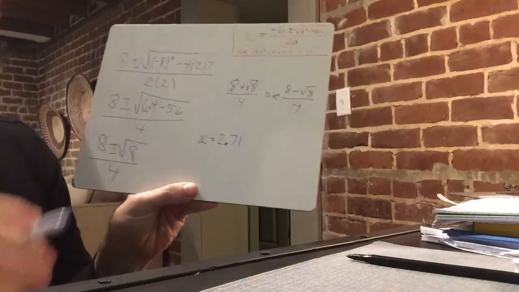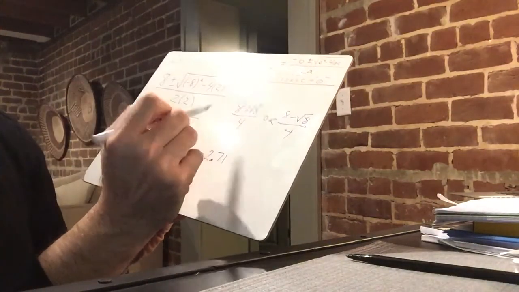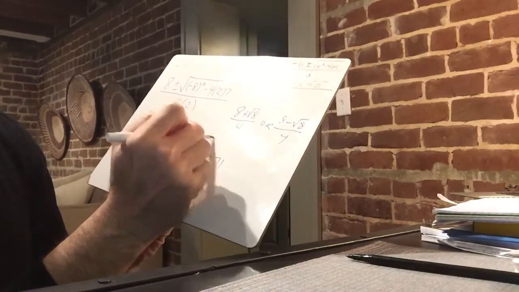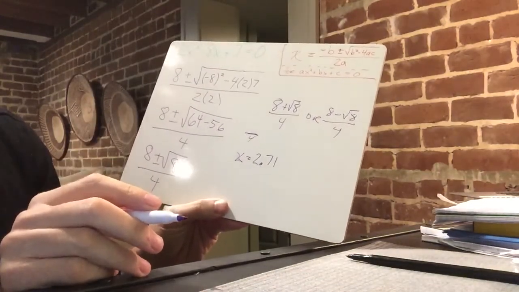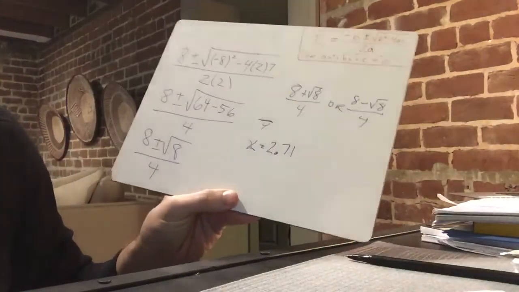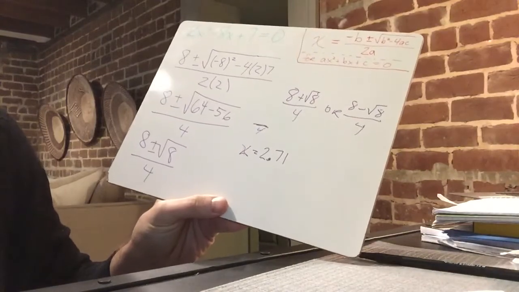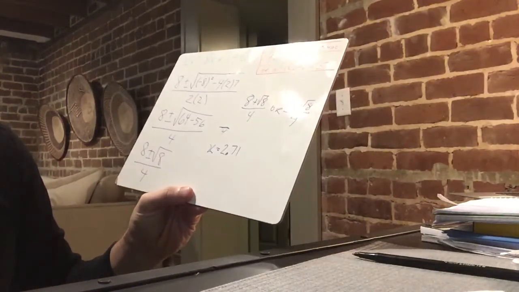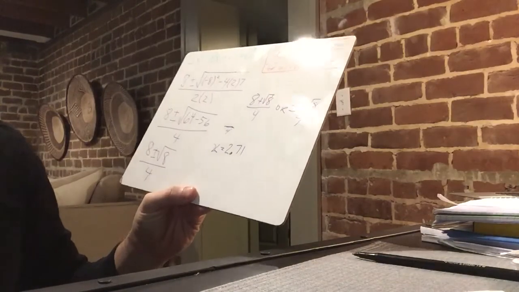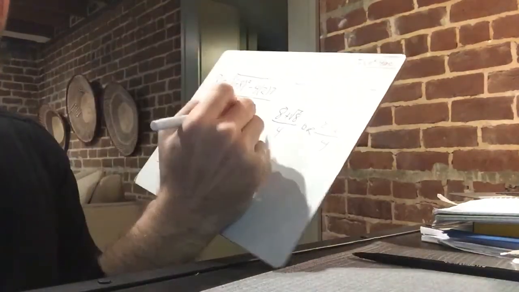Alright, some of you might want to do just 8 plus square root of 8, write that down, and then divide by 4, right? I think we can do that right now. Bear with me as I do it on the calculator to the side. 8 plus square root of 8 is 10.84.